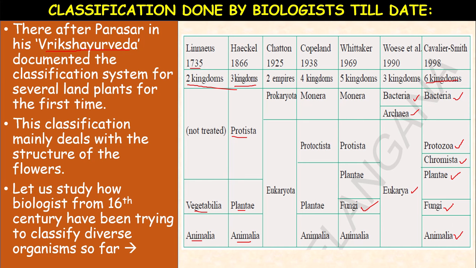These are the six kingdoms. So the classification done by the biologists till date has undergone several changes, considerations and modifications, keeping evolutionary changes in mind. The classification has undergone a lot of change.